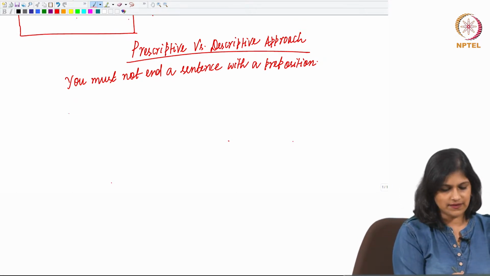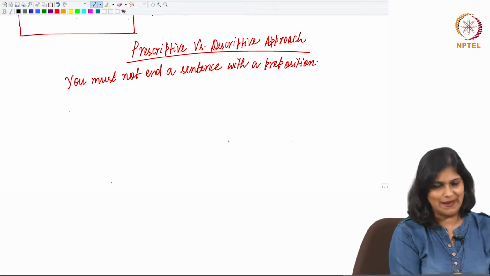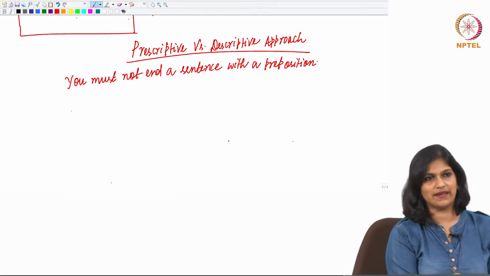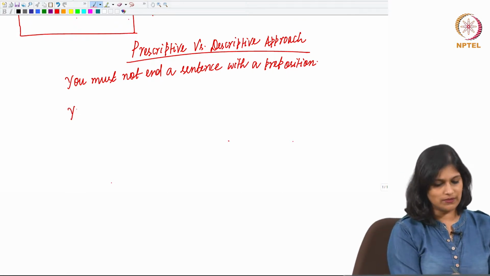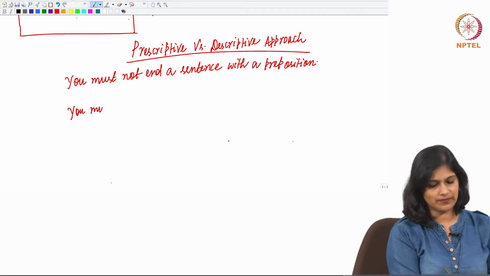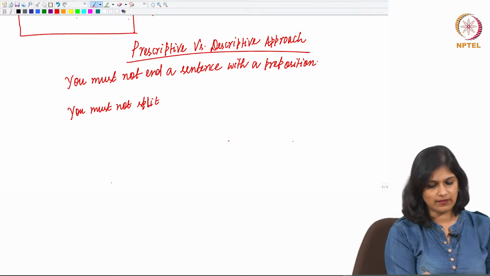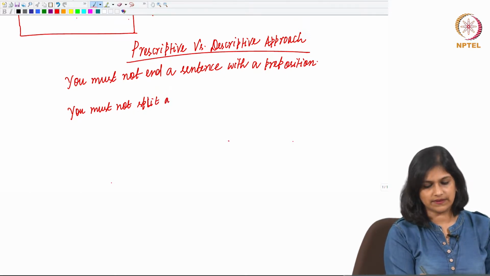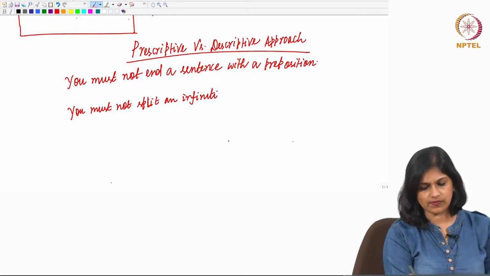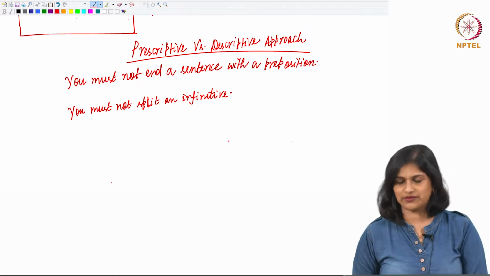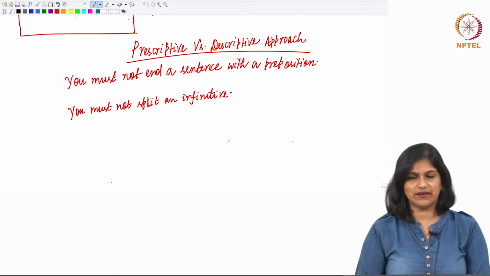Then the second strong, sort of mandatory rule that you might have learnt when you were in school: you must not split an infinitive. Okay. So, these are the two rules, these are like mandatory things that we generally learn when we are at school.